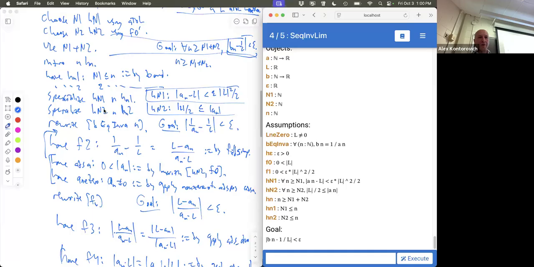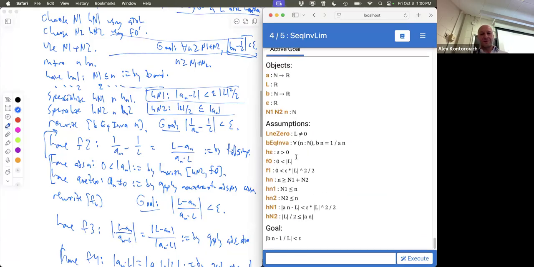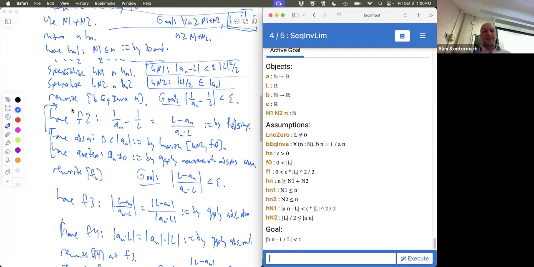Now we're going to specialize HN1 to N and little HN1, specialize HN2 to N and little HN2. Okay, so now we have our AN. Let's check our understanding. AN minus L is less than epsilon L squared over 2, and L over 2 is less than AN. Great. Everything's moving along exactly as we want.